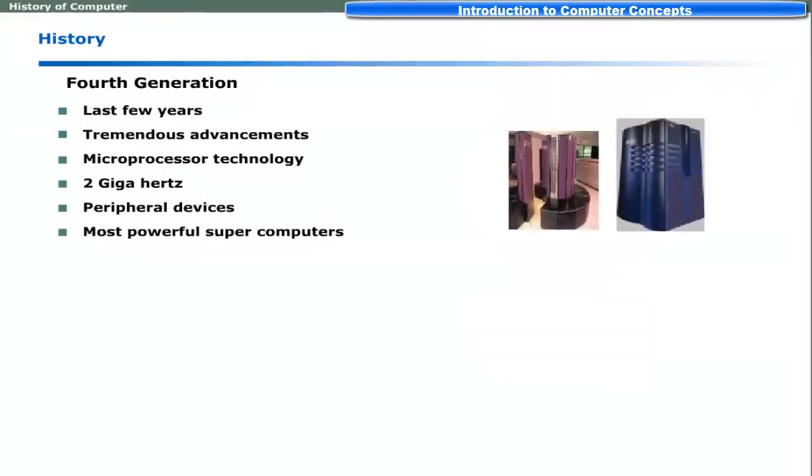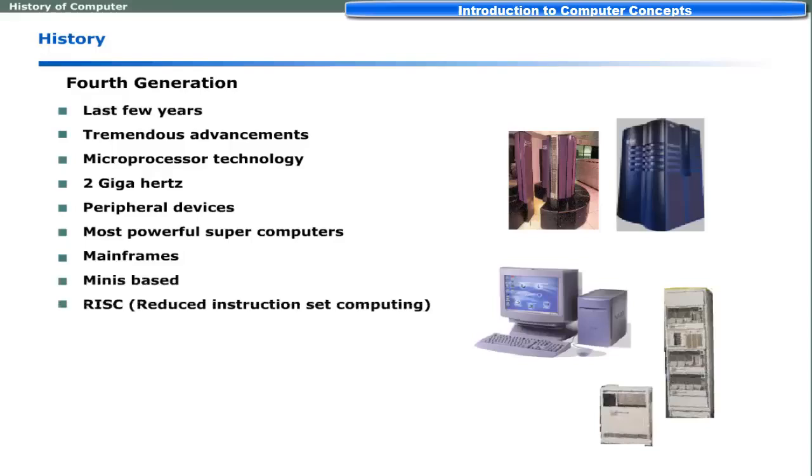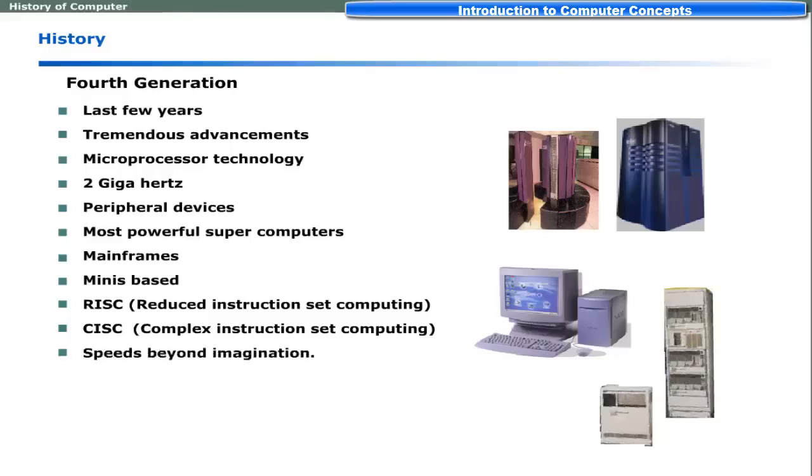Most powerful supercomputers, mainframes and minis based on RISC and CISC computing technologies are available at speeds beyond imagination. Dear learners, by the time you finish this course, you may visualize drastic changes in computing technology around you.